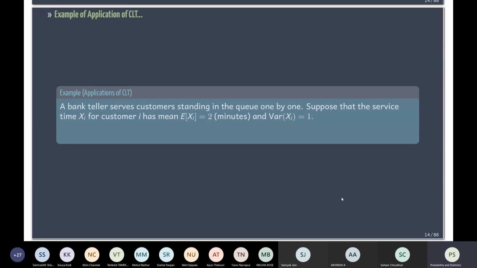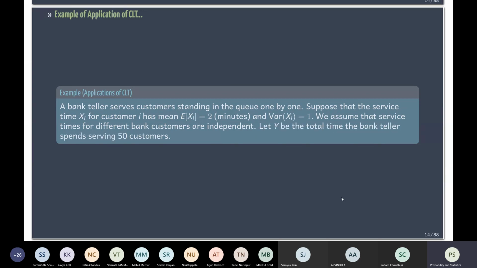And let us say the variance of this random variable Xi is 1. We assume that the service times for different bank customers are independent. So we are essentially assuming they are IID, because they have the same mean and variance and they are independent also. So we have put in the assumptions that are needed for IID.